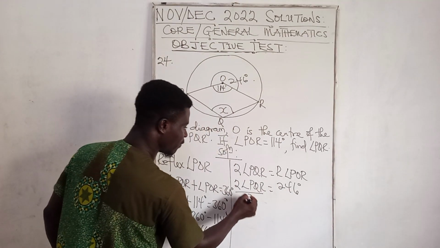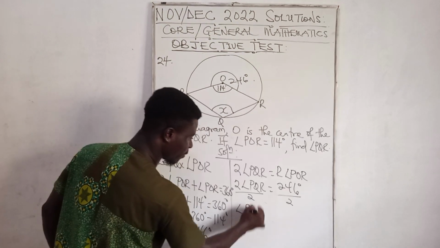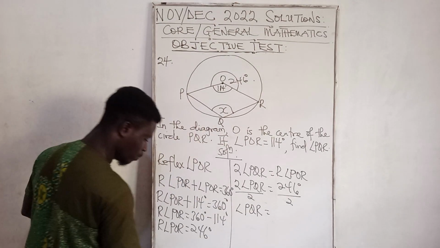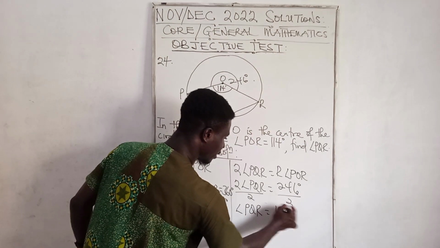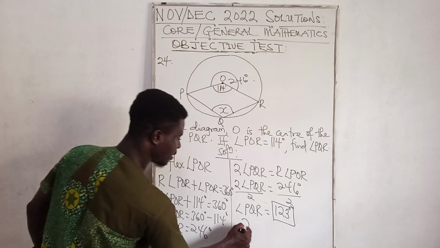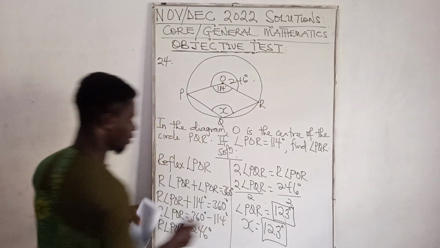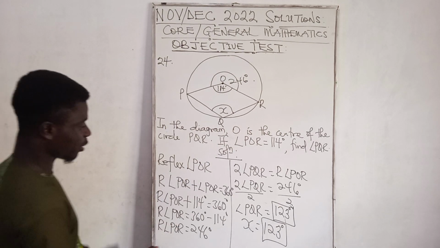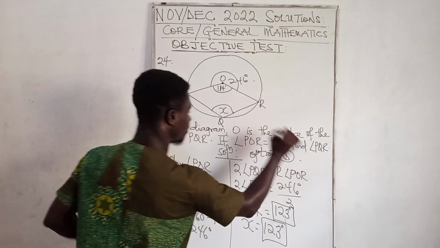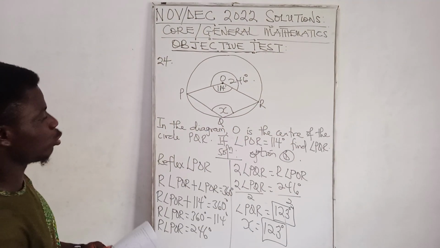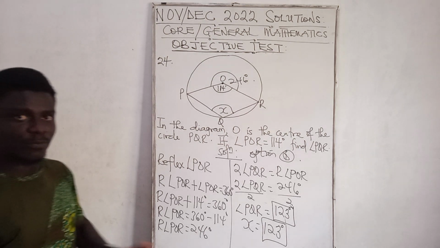What should I do? I divide here by 2, here also by 2. So I get my angle PQR, which is equal to 246 divided by 2. I get 123 degrees, which is the same thing as my x. 123 degrees, which is option D. Option D for dog. Very, very simple.